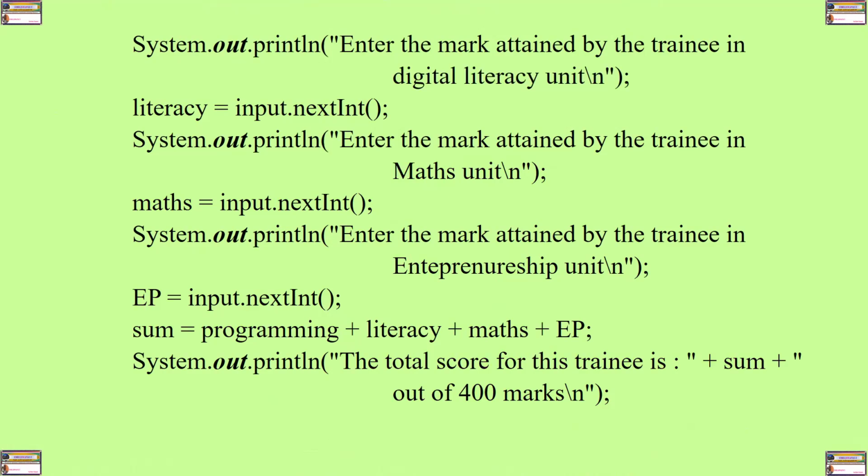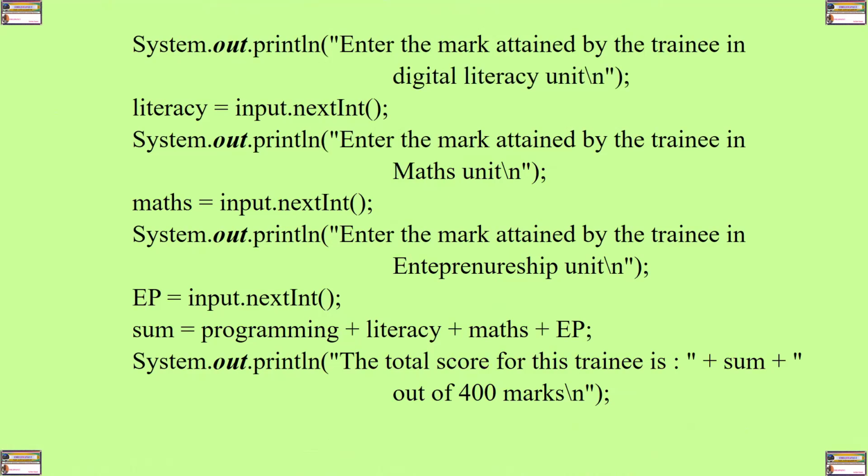From there, the next statement is to request the compiler or the translator to display the message on the screen that the total score for this trainee is, pick the value in memory location called sum, followed by the words out of 100 marks.